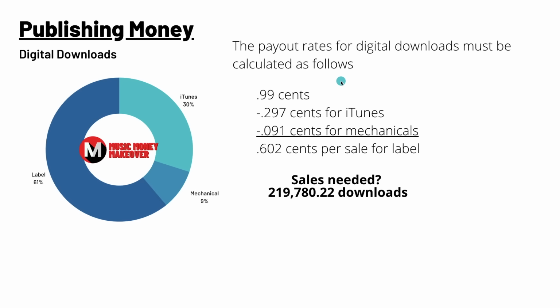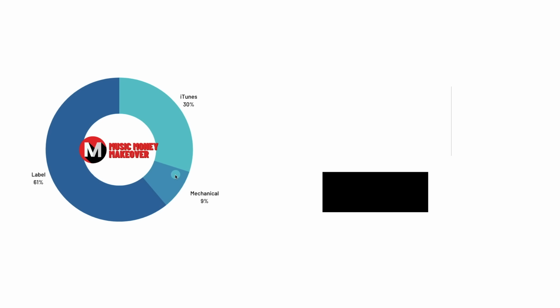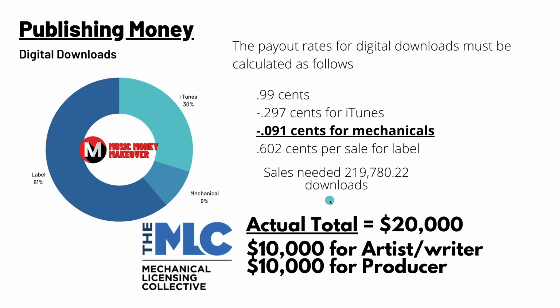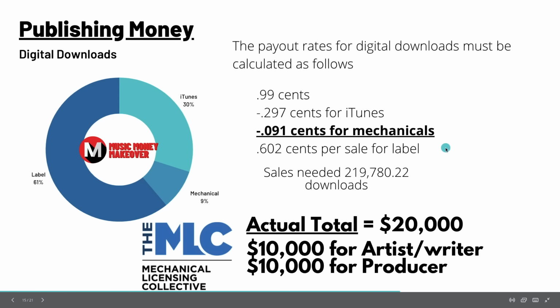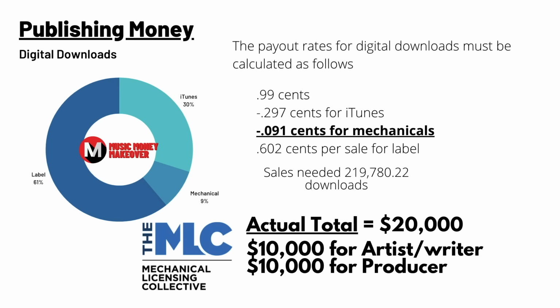Now, check this out. This is publishing money right here. The payout rates for digital downloads must be calculated as follows, just like we said before. But this is how many sales we need to generate publishing money here. We can't do just enough to make 10. We have to do double the amount. This is a lot of sales at this point to generate $10,000 for the artist and producer, because remember in the beginning, the example was the artist had 50% and the producer had 50%.